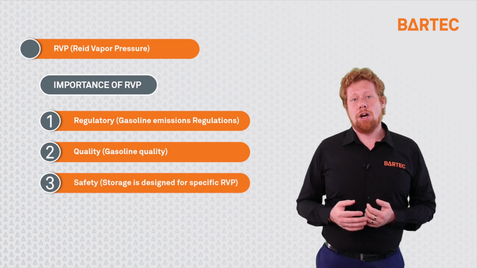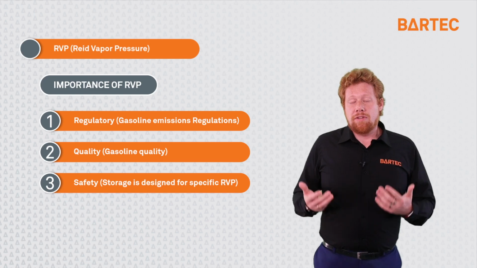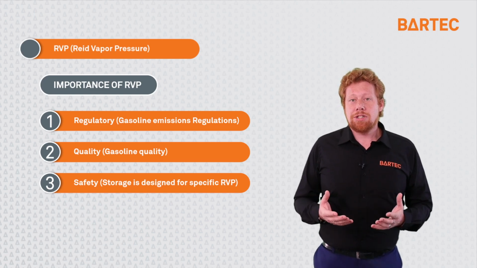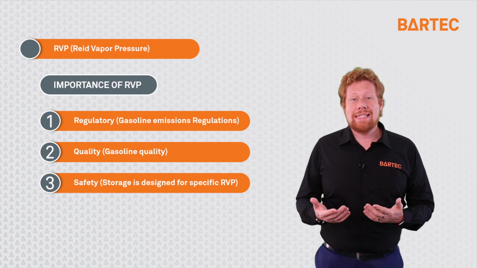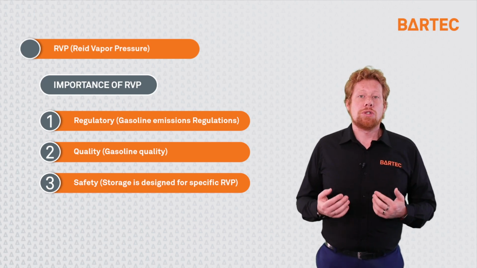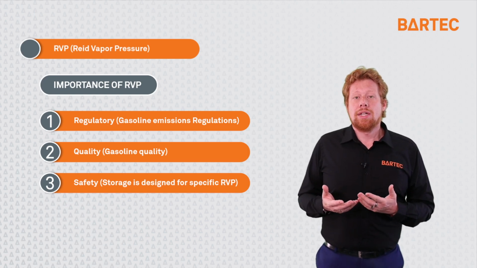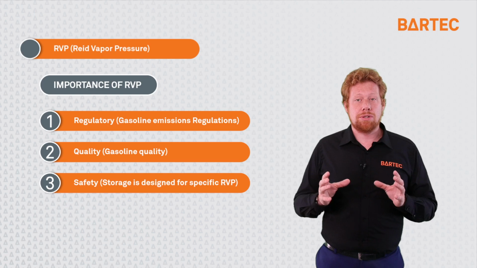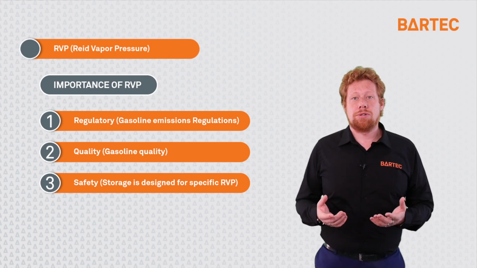And then finally, RVP is a safety measurement. As I said earlier, Reid vapor pressure is a measurement of the amount of vapors that a product releases at a specific temperature. So this measurement is also used to evaluate the pressure that a sample stored in a storage tank or in a pipeline will exert on the pipeline or storage tank.